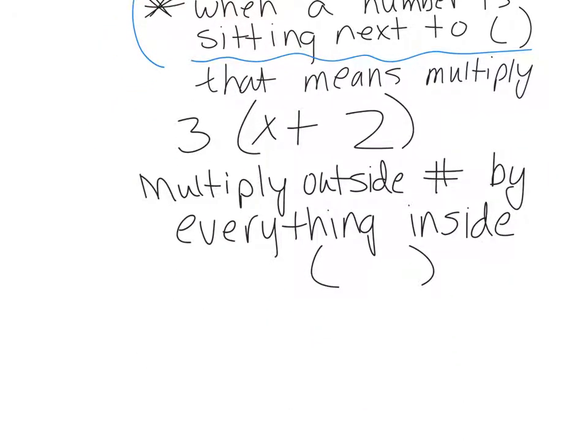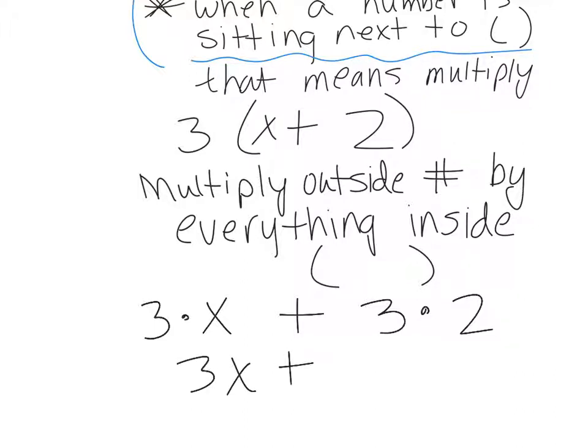So that means I'm going to take 3 times x, and then I'm going to do 3 times 2. So 3 times x is simply 3x, plus 3 times 2 is 6.